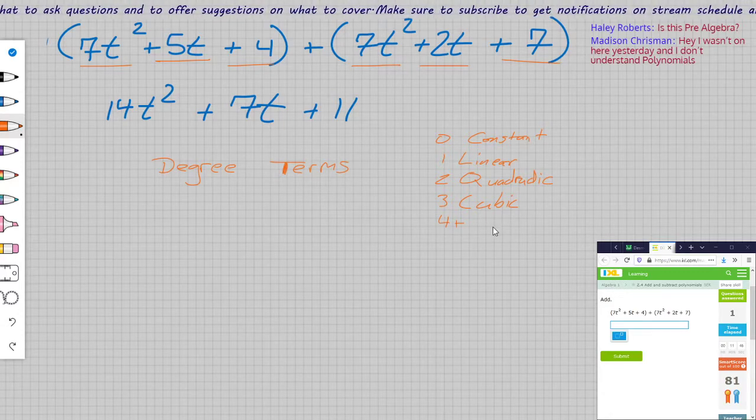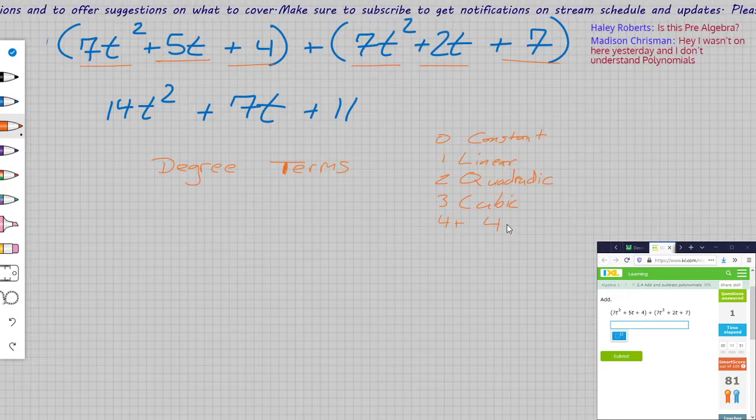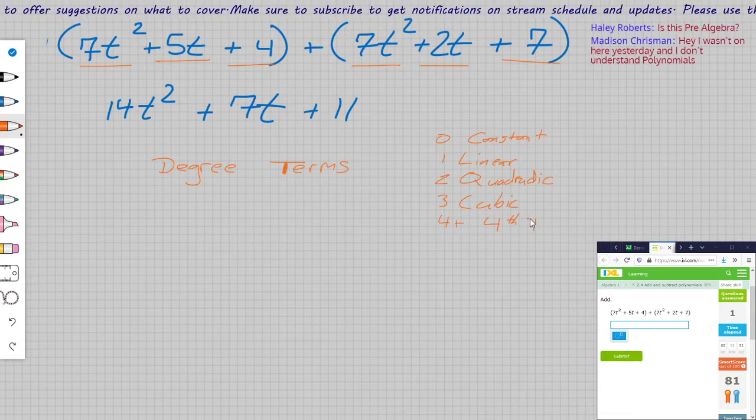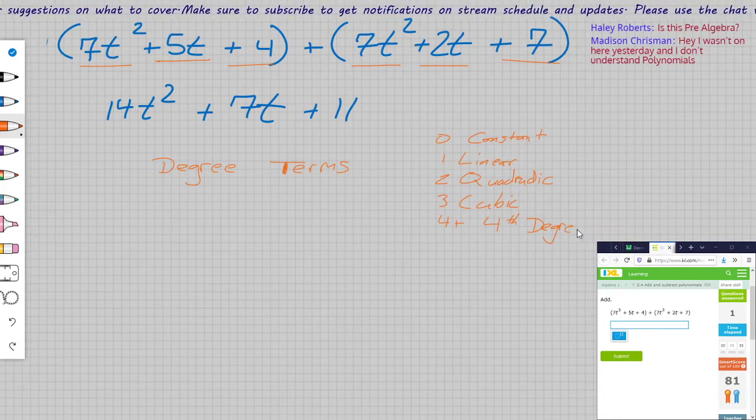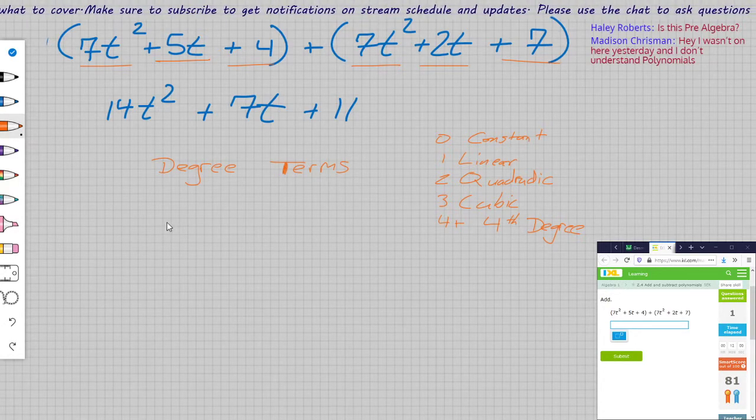So 4th degree, 5th degree, and so on. So in this case, our highest degree is 2, so then it's a quadratic.